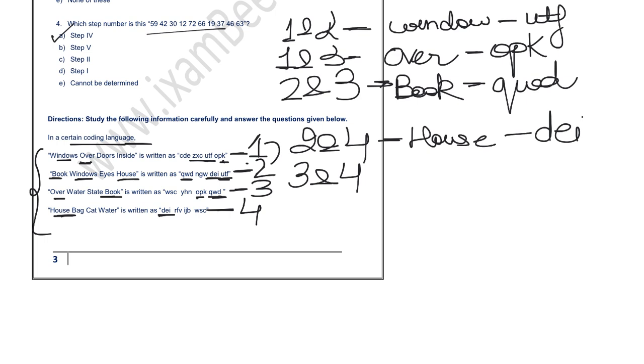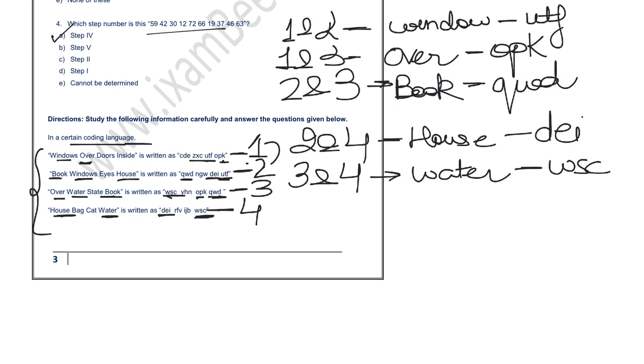Now if you look closely, you will find that water is common in your third and fourth, right? So I can write water over here, and the common code for water, which is common in these both statements, is WSC. So you can write WSC over here because these are common in both the statements, right?